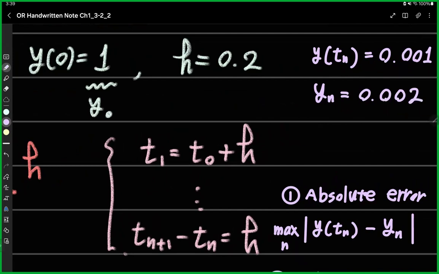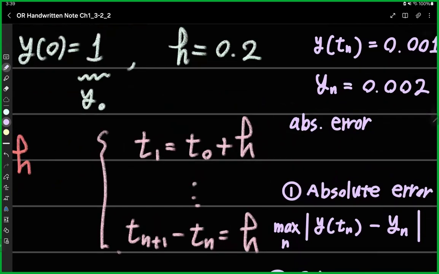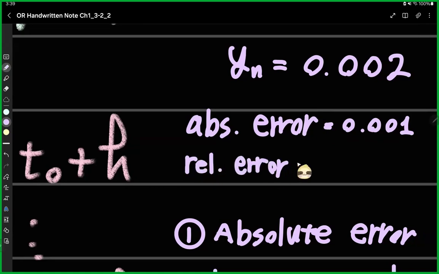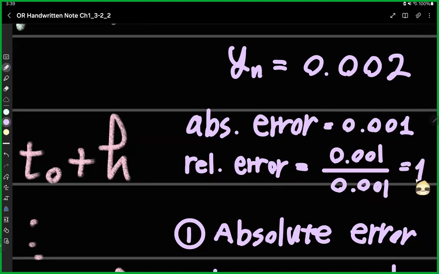Then the absolute error is going to be 0.001, which is 10 to the negative 3, not bad. But when you compute the relative error, 0.001 divided by 0.001 is 1.